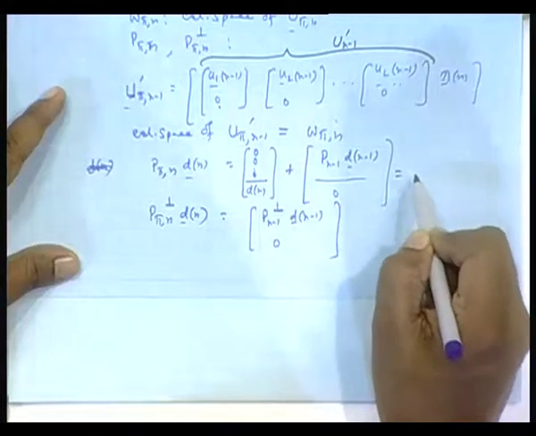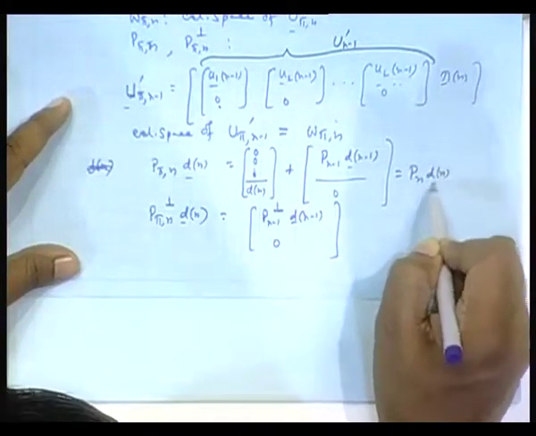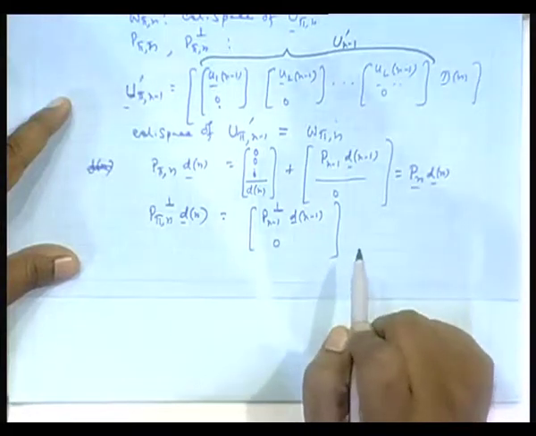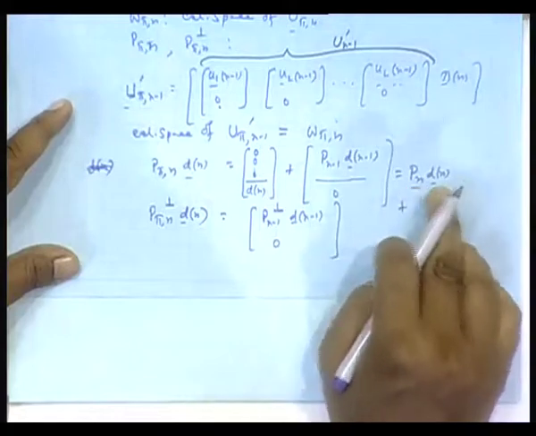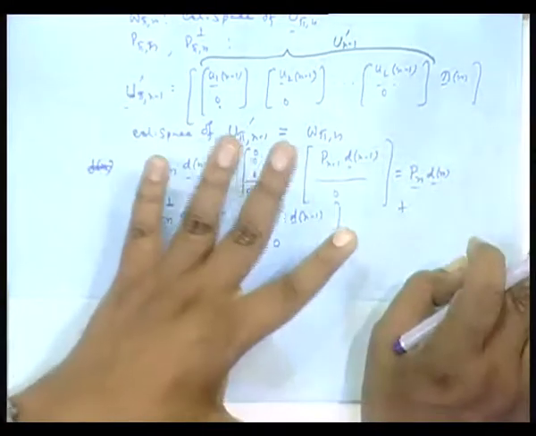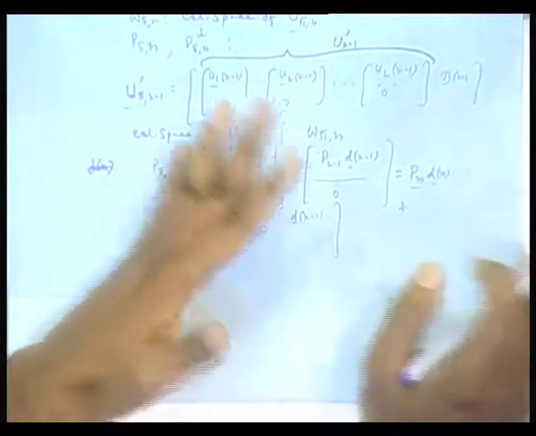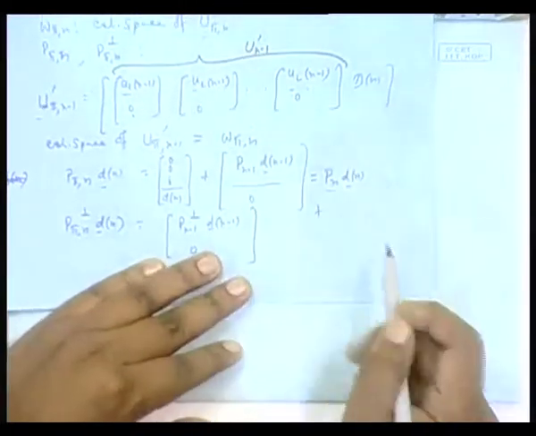That means this can be written as Pn dn plus, so at least you see Pn dn is coming and Pn minus 1 dn minus 1, they are coming. Extra terms are coming, I agree. This I cannot leave away, but at least there is some relation from the n minus 1th index to the nth index, isn't it? So, Pn dn plus dn on this guy.